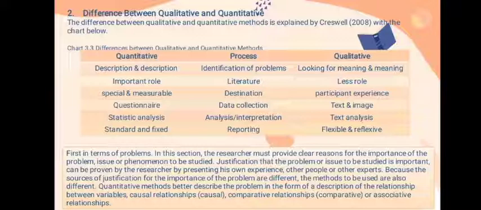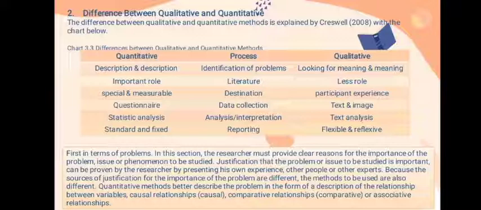In quantitative, the description and the process identification of problems, and the qualitative looking for meaning. The second, quantitative important rule, the process leads to literature, and the qualitative less rule.